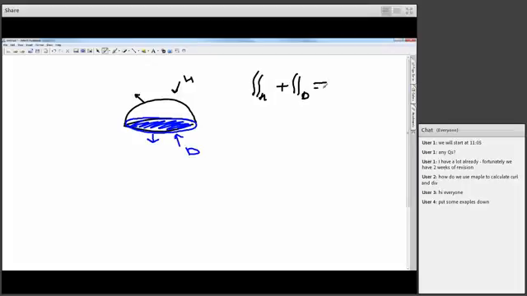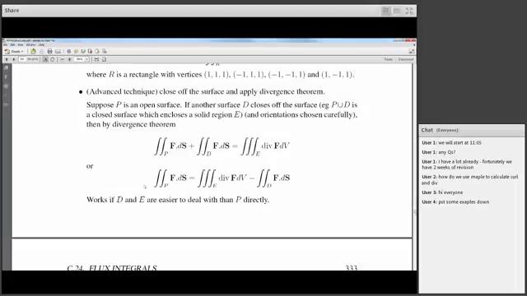Via the divergence theorem, that equals the triple integral over the solid, let's call it V, of the divergence, writing things for short. And so to work out the flux integral over the hemisphere, it would be the triple integral of the divergence minus the flux integral through the bottom. That's how I've written it down here: the flux through a surface is the triple integral over the solid minus the flux through the bottom.